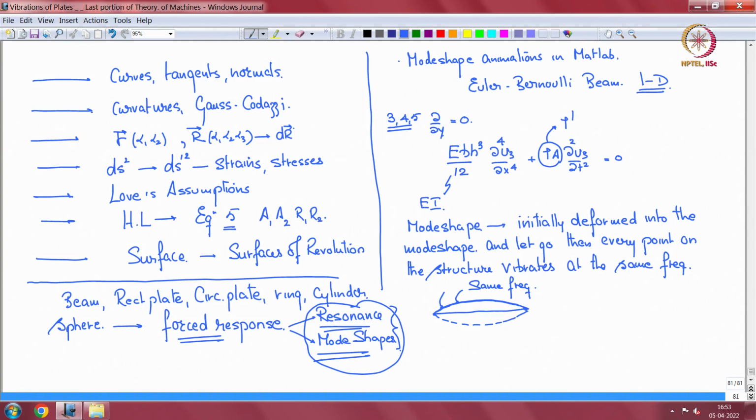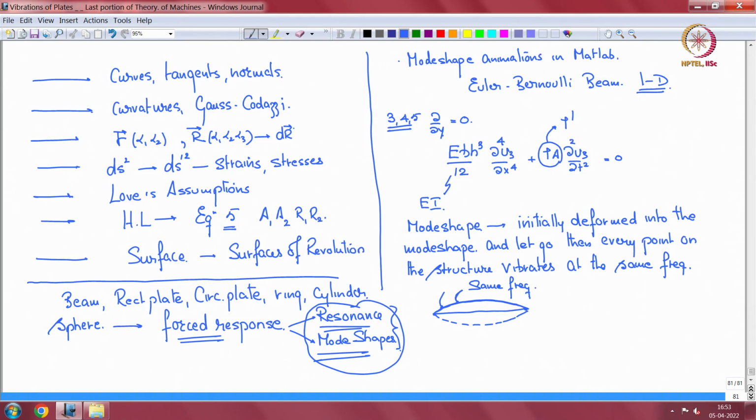If it is not the mode shape, it won't happen. This will happen only if it is a mode shape, otherwise multiple frequencies will appear under free vibration.